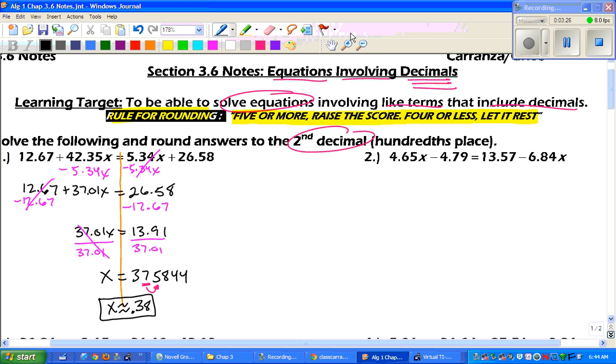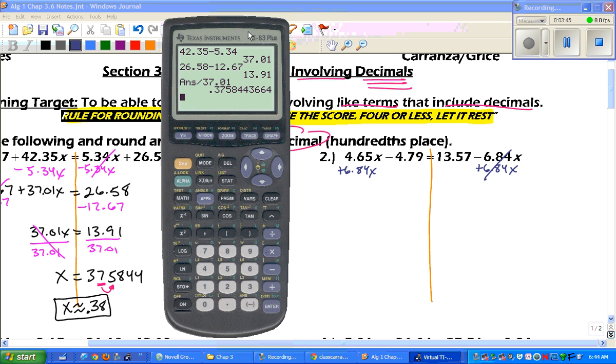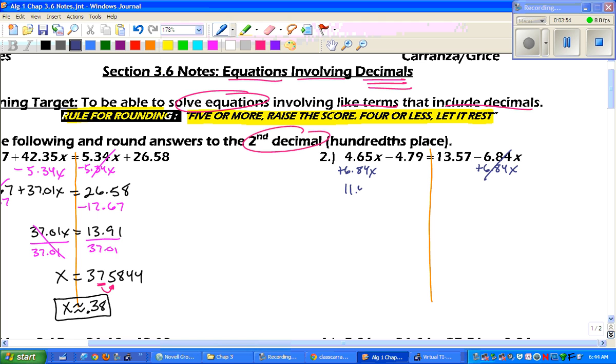Let's do another example, example number 2. I'm going to draw my line down the middle. I'm going to move my x to the left-hand side. Those cancel. So we have 4.65 plus 6.84, which gives us 11.49x, and everything else stays the same. Here's my x.